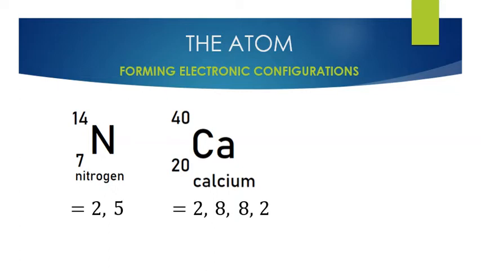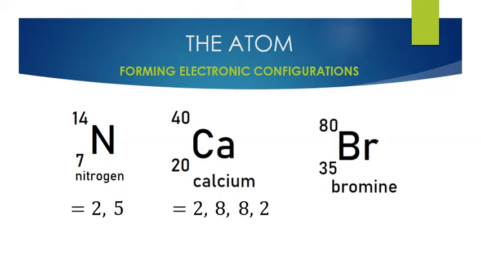And so usually the last shell will be the third one. But always remember that the maximum number will be 8 in the last shell due to the octet rule. And so this is why we have 2, 8, 8, 2 and not 2, 8, 10. The last shell can't have 10.